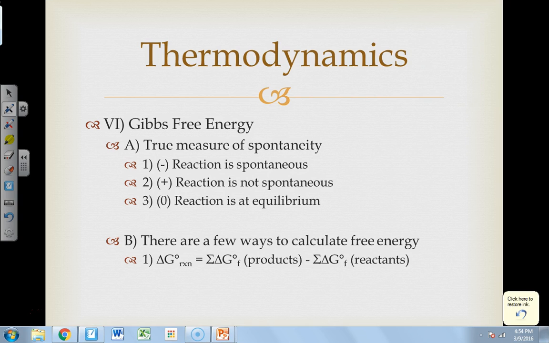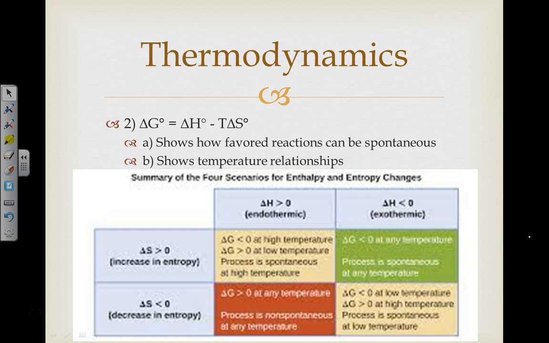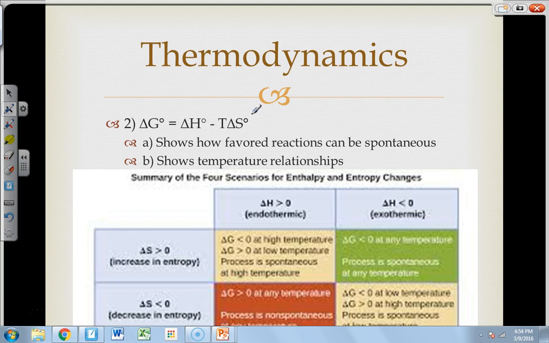This is really how we calculate delta G most of the time. Delta G naught equals delta H naught minus T delta S. Okay, and that's really what we're looking at.